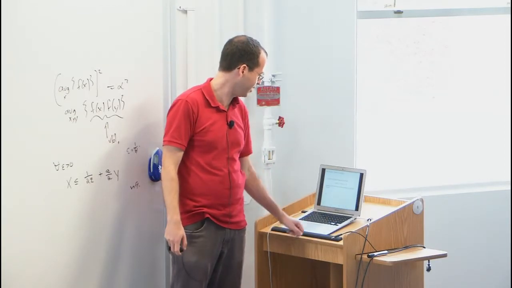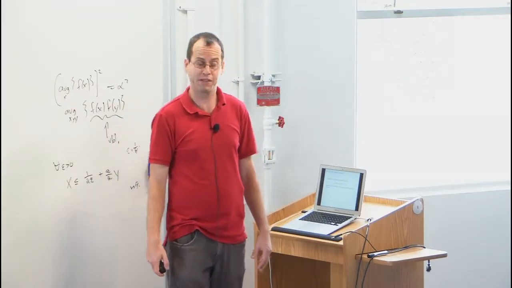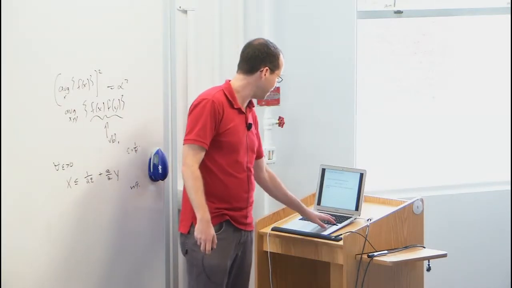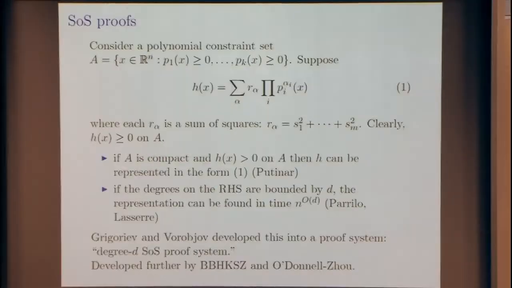Okay? So why are we doing real algebraic geometry here? We're doing real algebraic geometry here because sum of squares proofs are very closely related to the Lasserre hierarchy. This connection was recently highlighted by the work of these people, which start with Barak and end with Zhu, but I don't remember all the people in the middle, I'm sorry. And then there was a paper of O'Donnell and Zhu.